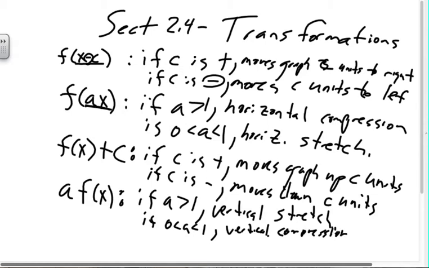Okay, so we've translated and we've dilated. Last thing then we're going to talk about is reflecting, f of negative x. And so here again, I'm changing the sign of x. So that means it's going to reflect over the y-axis.